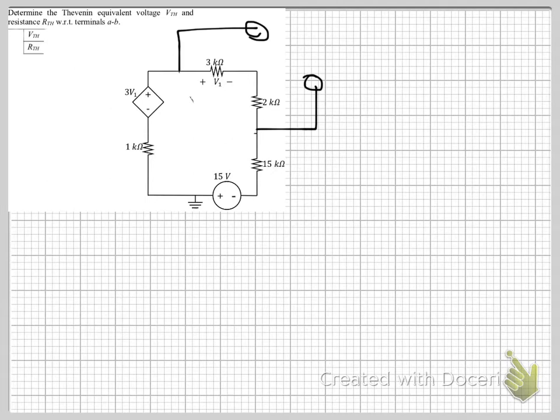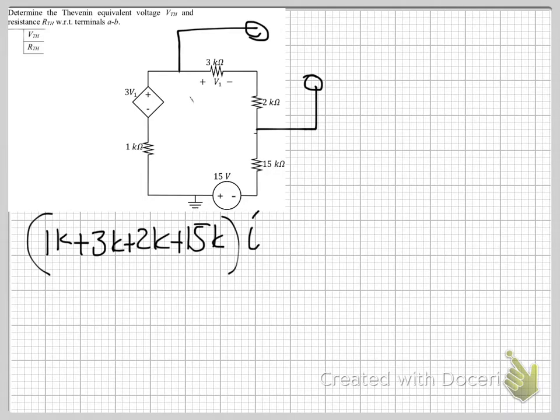You've got your 1K, your 3K, your 2K, and your 15K, all being multiplied by the current I, and this is equal to, going through it like this, 3V1 plus 15.